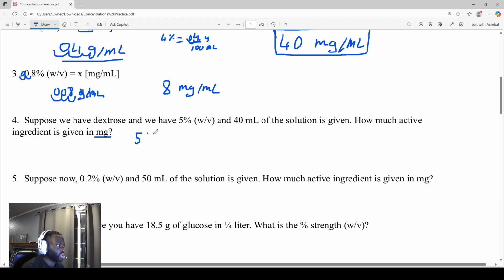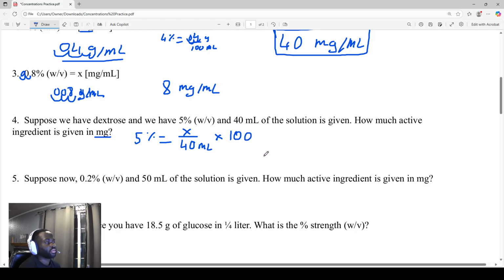So let's just slap it into the formula. So 5%, that's going to be X over 40, right? Because we're looking for how much active ingredient is in the given solution, because it's not giving us that, but it did give us the amount of the solution.